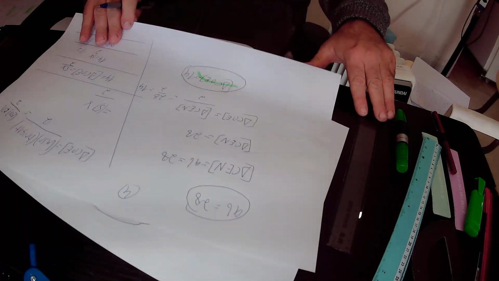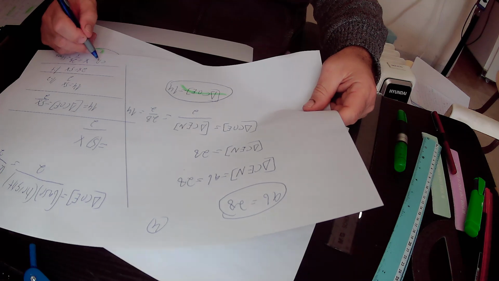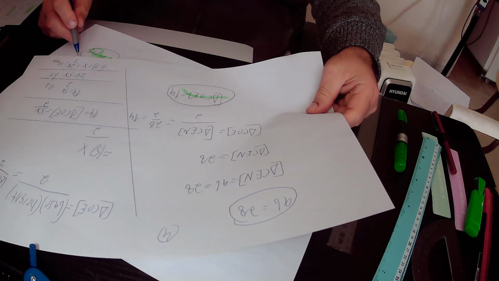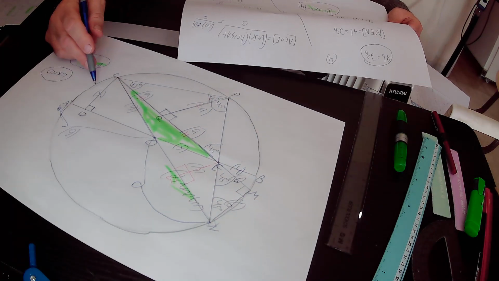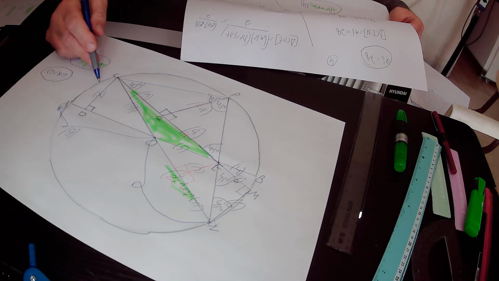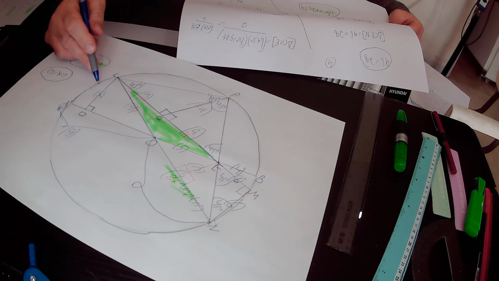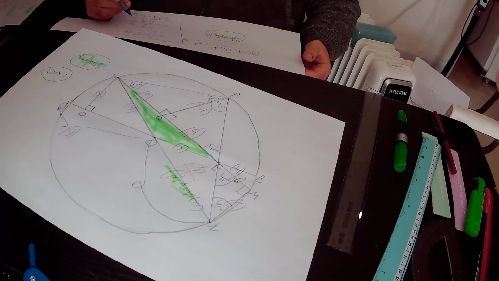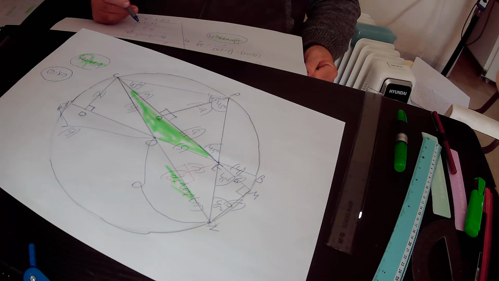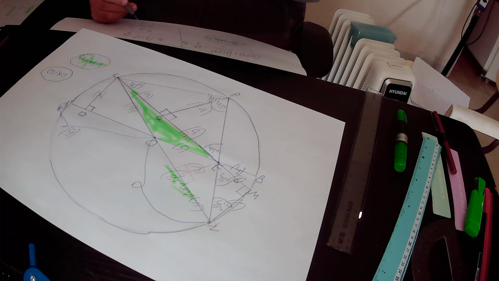So from that, I find that CD is equal to x. CD is equal to 28 over 5 units in length, which is 5.6 units in length. So we finish answering the second question. In the next step, I'll repeat the solution of the first question and then repeat the solution of this second question.